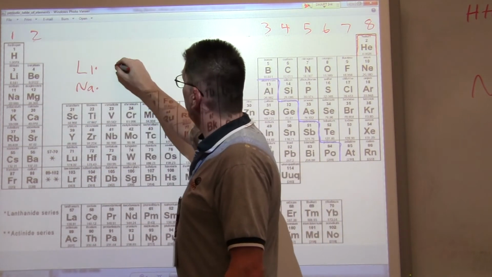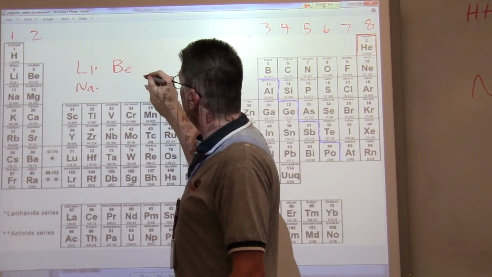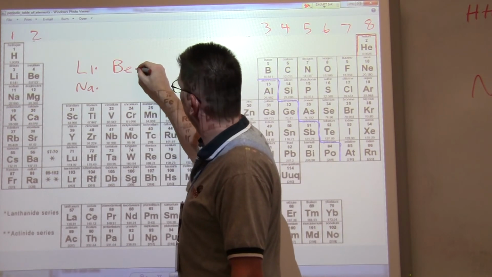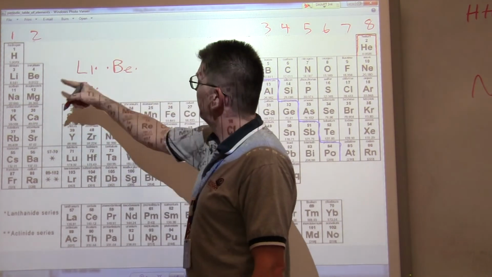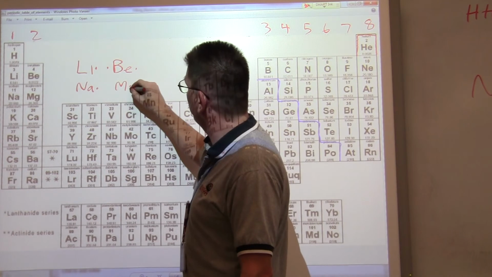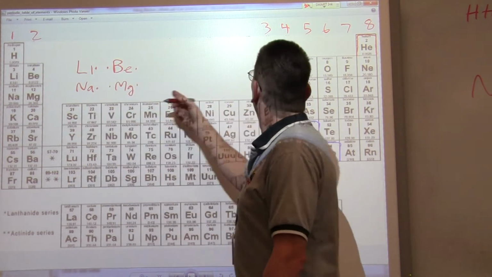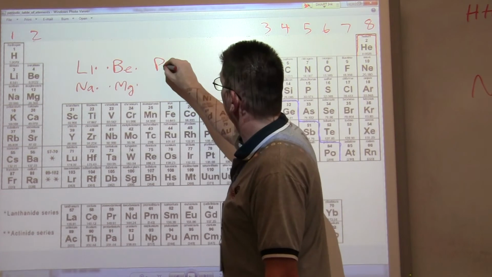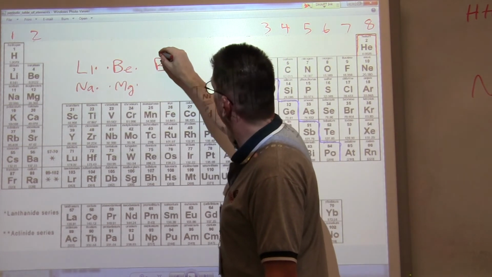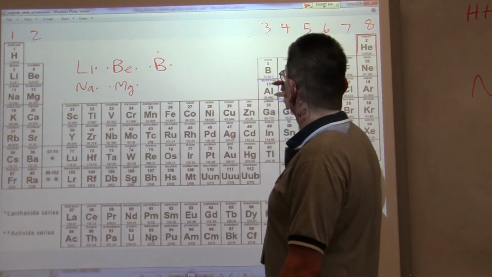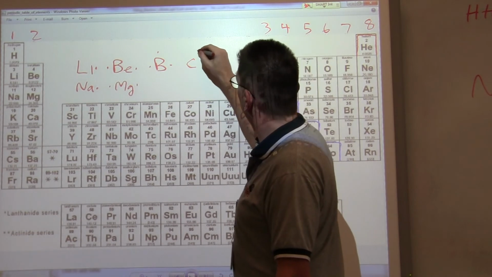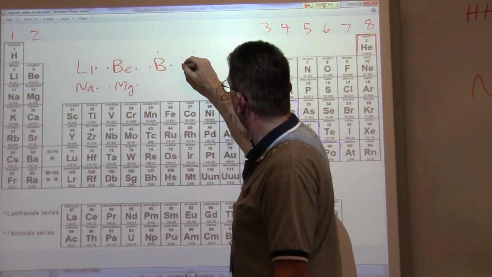If we go to beryllium, that has 2 electrons. 1, 2. Magnesium, again, has 2 electrons around it. Boron has 3. 1, 2, 3. Carbon would have 4. 1, 2, 3, 4.